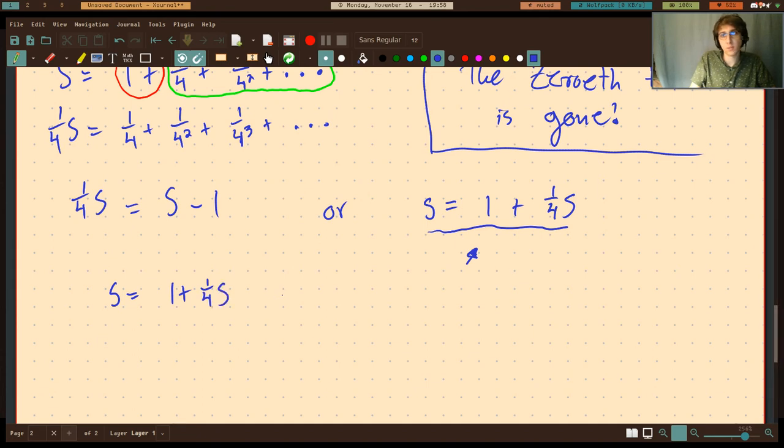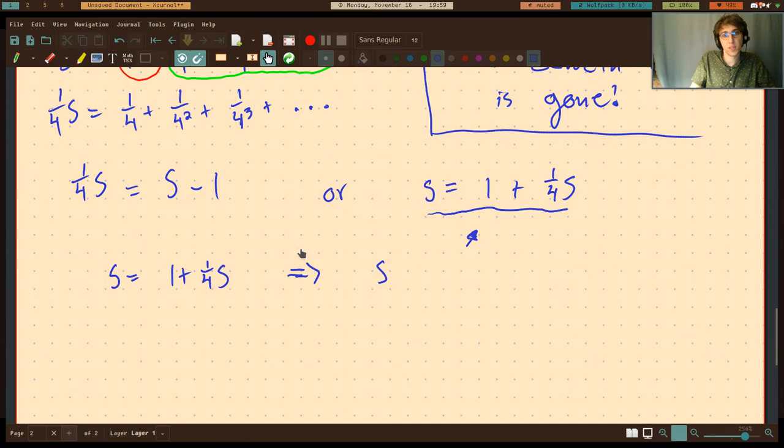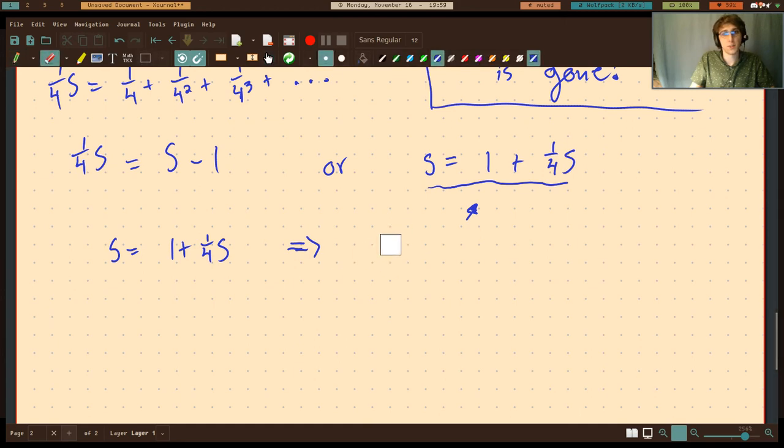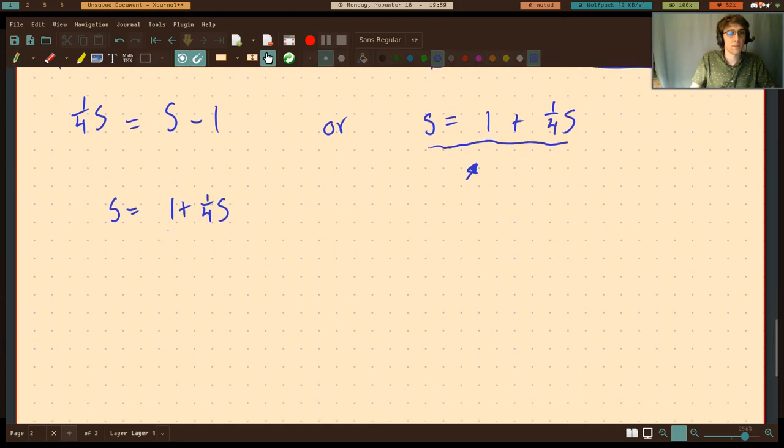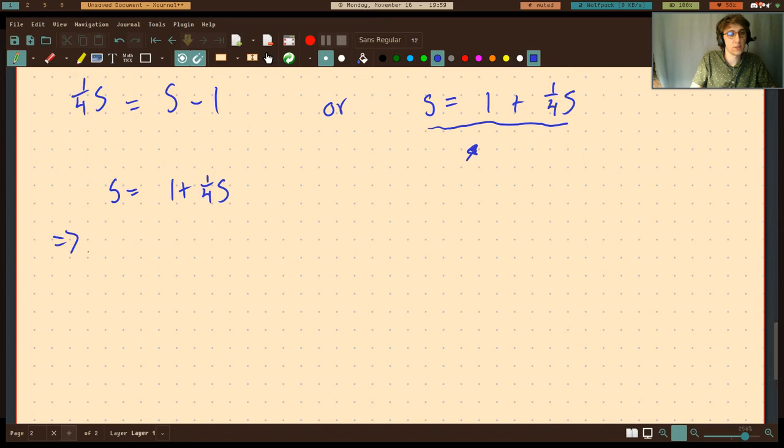Now what I'm going to do is subtract a quarter S from both sides. And this arrow here, in math speak, means implies, but I'm kind of using it as next, just so you know. Let's make this a little cleaner. There we go. So S minus a quarter S is equal to 1.